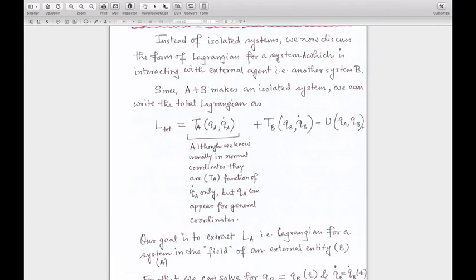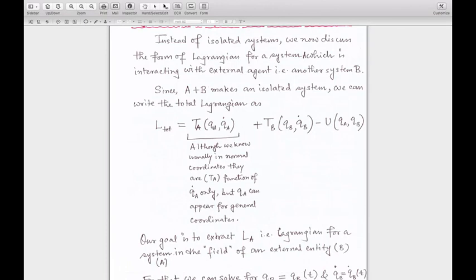minus U, which is a function of Qa and Qb. Now you can ask that when we talk about kinetic energy, the velocity arises. Yes, that is the usual case. And if you remember, when kinetic energy is written in terms of generalized coordinates and velocities, there is no guarantee that you simply have quadratic terms in the generalized velocities.